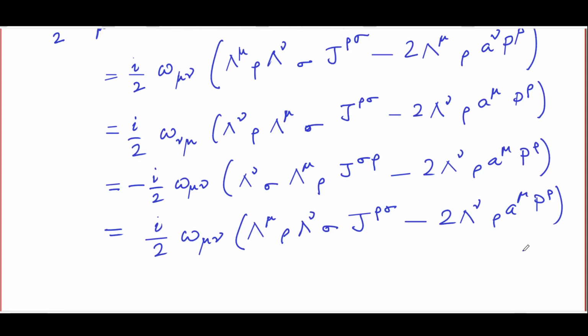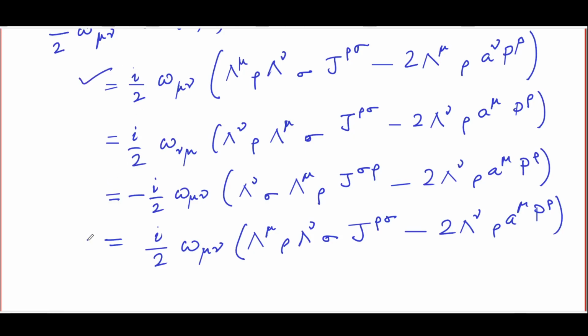But, since this one and this one are equal to each other, they are both equal to half their sum. So, you can write this as i by 2 omega mu nu, lambda mu rho lambda nu sigma J rho sigma.